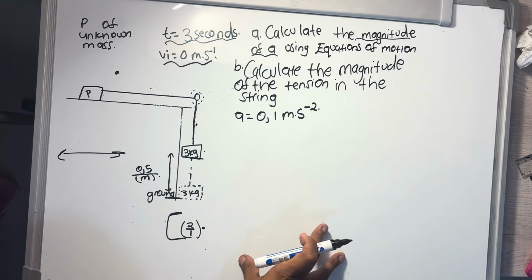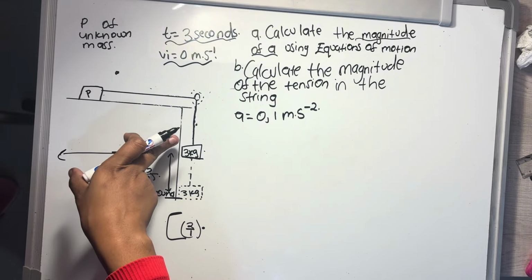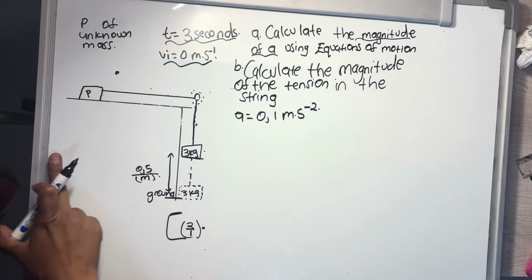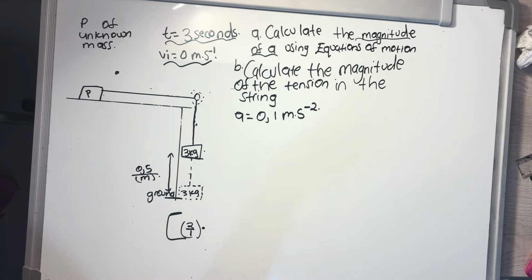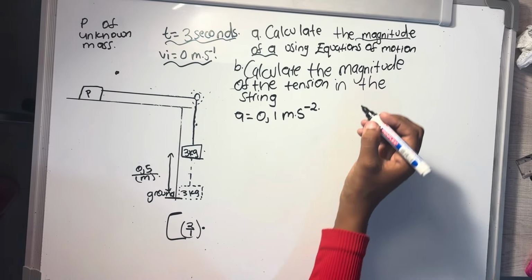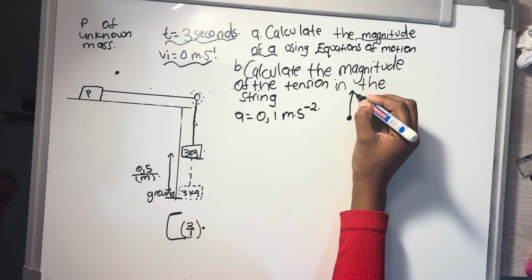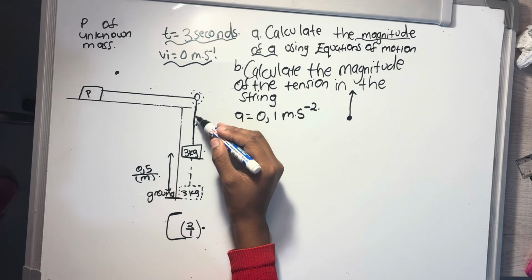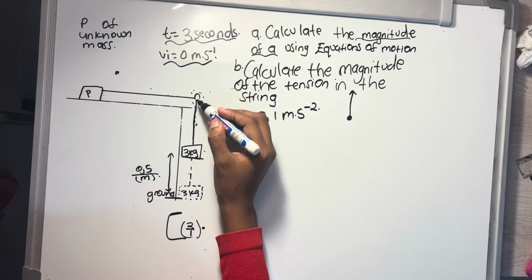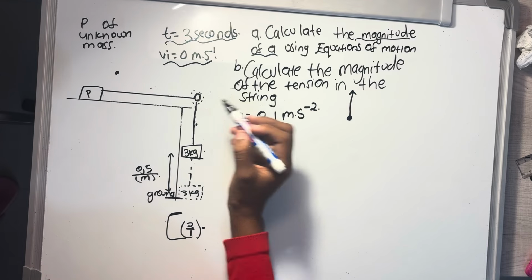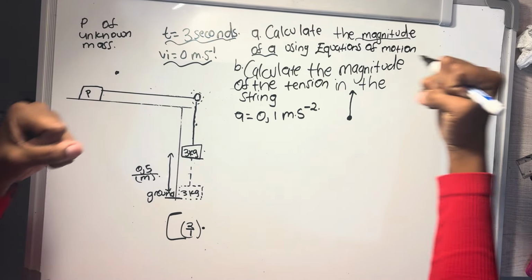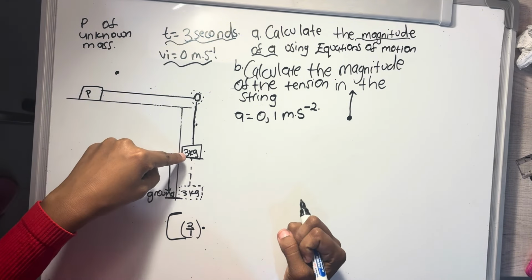Before anything and everything, we should have drawn a free body diagram of the forces acting on block 3, but let's do it now, right? So for the free body diagram for block 3, we'll have our tension in the string. Because it's a string, it has tension. It's like two things are pulling, because this one is pulling and this one is also pulling.